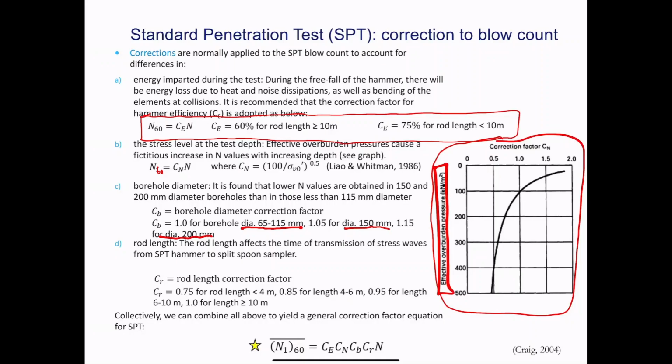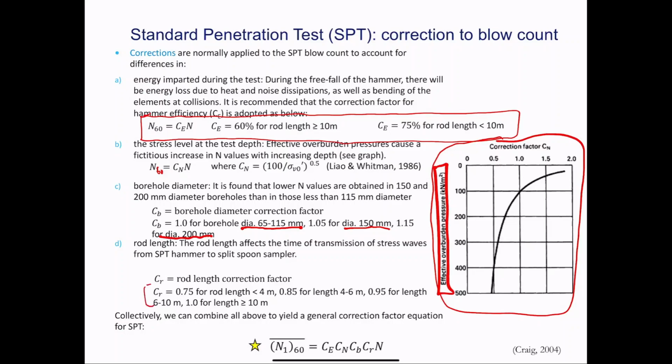The last correction we have is the effects of the rod length, but it's dissimilar to A. We're talking about the time for transmission of stress waves when the SPT hammer hits the anvil and transfers the energy to the split spoon. So we call this correction factor C subscript R, and it's quite straightforward.